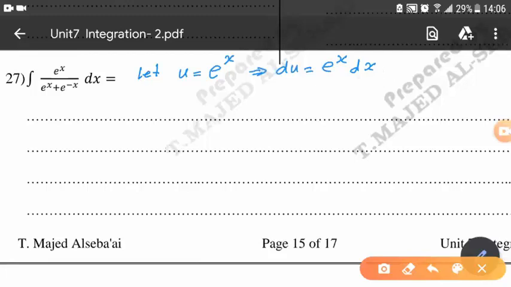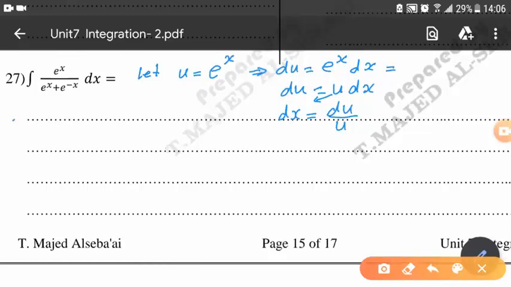Is that true? Yes. Okay. Which equals, du equals, what is e to the x? It is u. dx, right? Take this down. dx is going to be du over u, right? You got it?